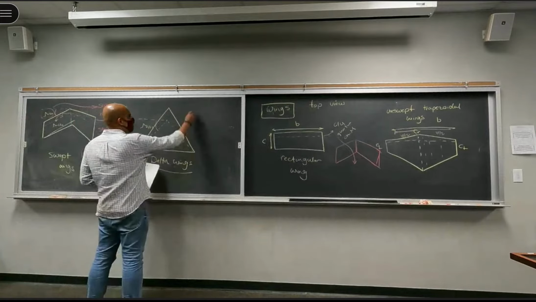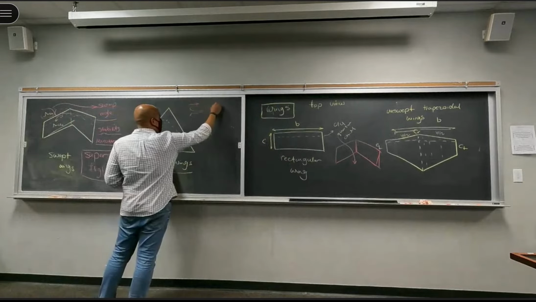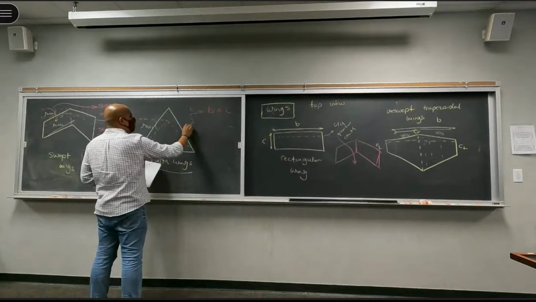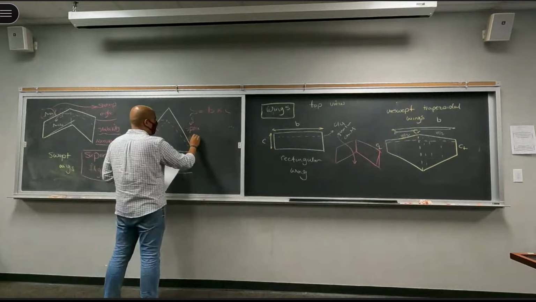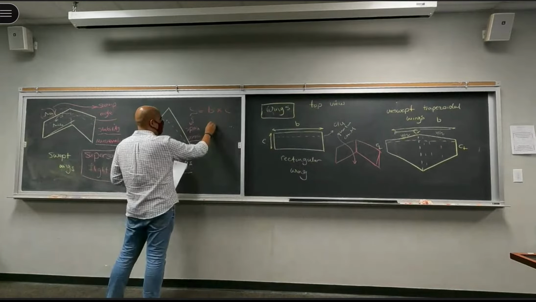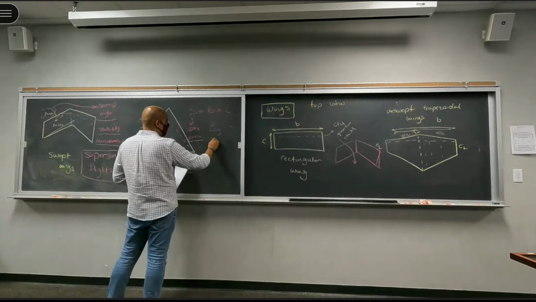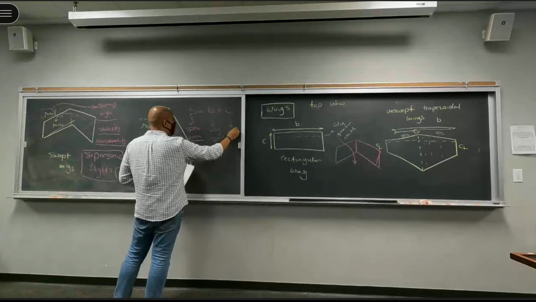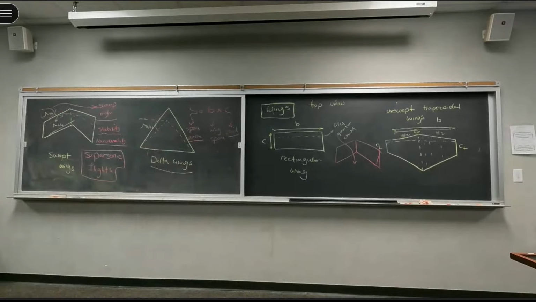So wing area, span area, that's B divided by C, the wing span divided by chord length. And this is true for a rectangular wing, right? Because the chord length doesn't change here.